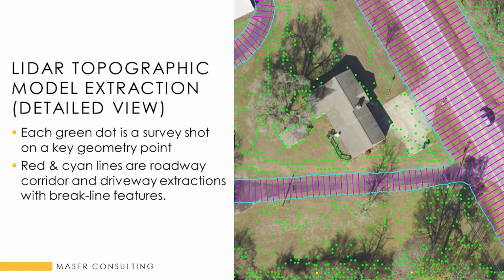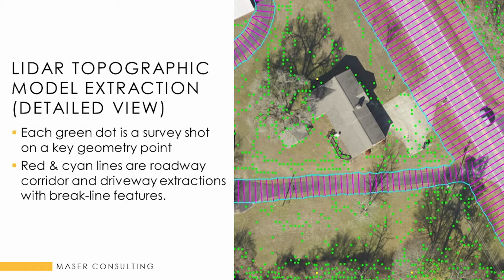Here's a little bit tighter view there. The green points are all of the 3D model points. Those are similar to the spot shots that the surveyor would collect out there, but you can see that they're a lot more dense than you would normally expect from a field gathered project, which makes them a little bit more accurate.